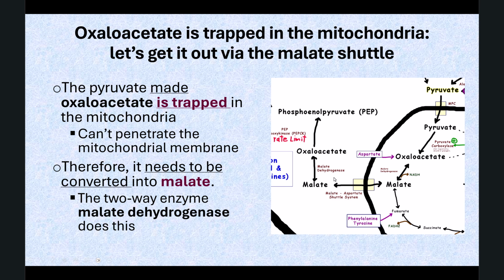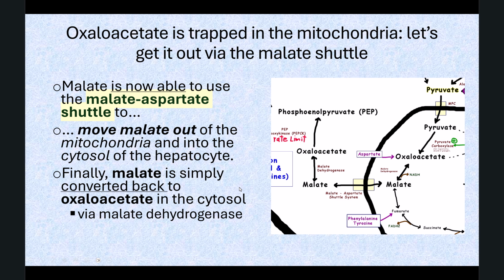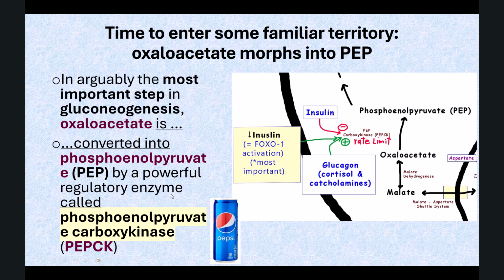Great. And malate, there's a cytosolic malate dehydrogenase and a mitochondrial malate dehydrogenase just floating around. So malate will be grabbed by malate dehydrogenase and morphed into oxaloacetate. So pretty simple there. Everything I said right there, malate's moved out, converted back into oxaloacetate. Great.